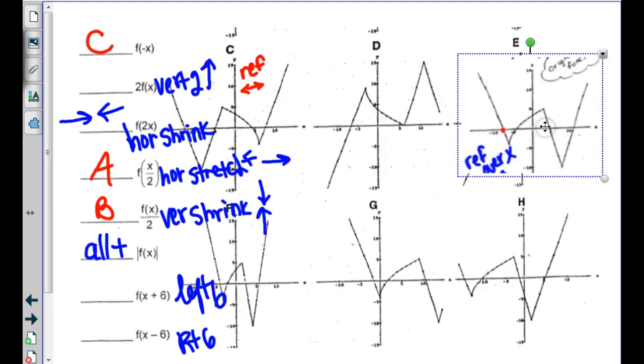D is upside down, but it is also what? Shifted. Okay, let's just go by this little point right here. That point was, we'll say, 7, negative 20.